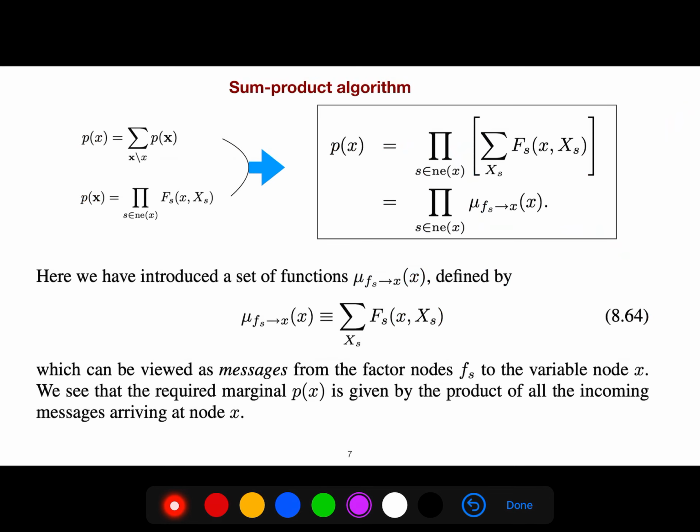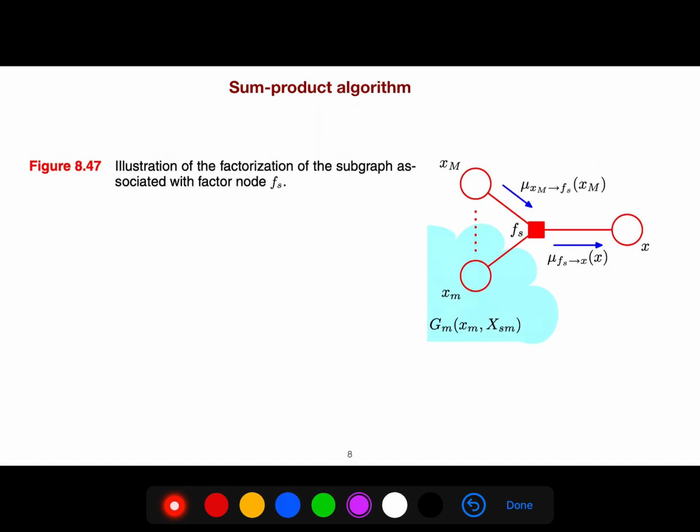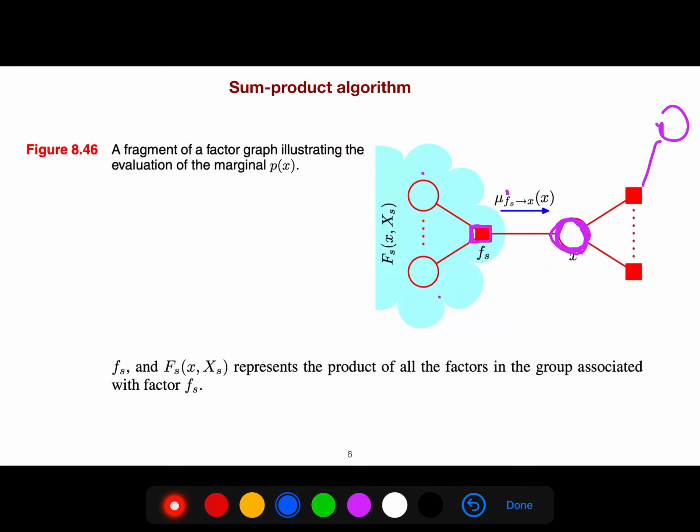And here, these are messages going from s to x over all s that are neighbors of x. And here is the opposite. Now we are going from simple nodes to factors, because there are two possibilities. You either go from simple node to factor node, you're passing messages from that, or you're passing a message from a factor node, like the previous picture, from your factor node to that simple node.